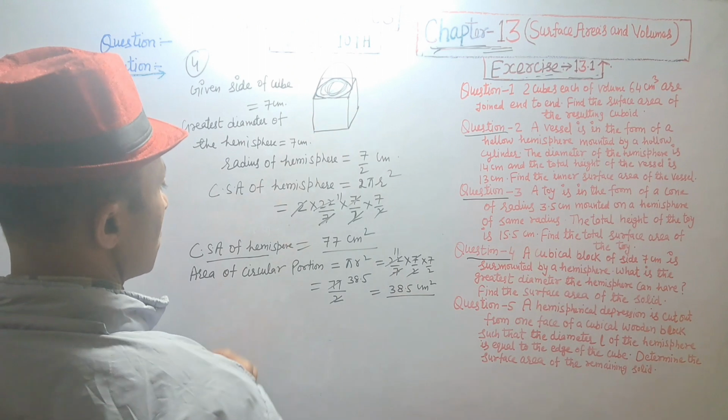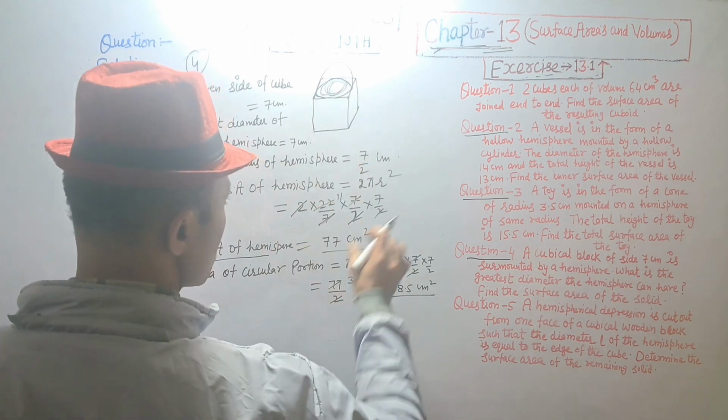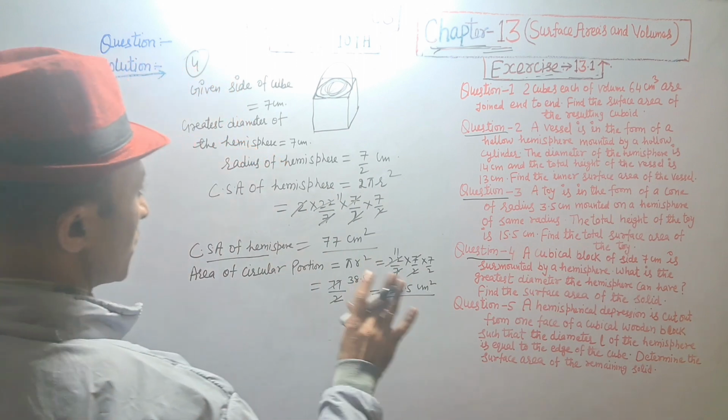Area of circular portion is area of circle, pi r square. We get 38.5 centimeter square.